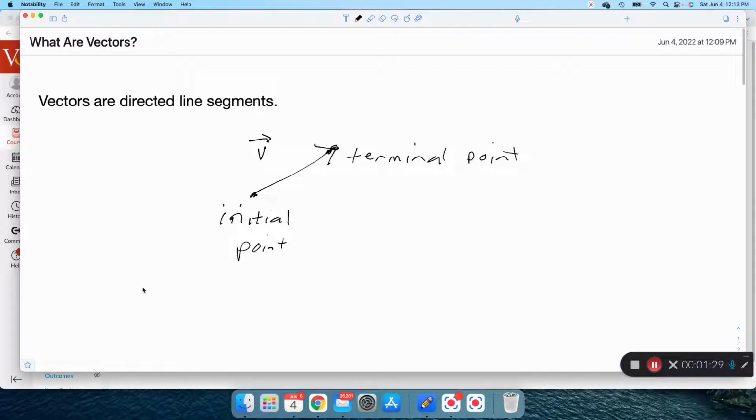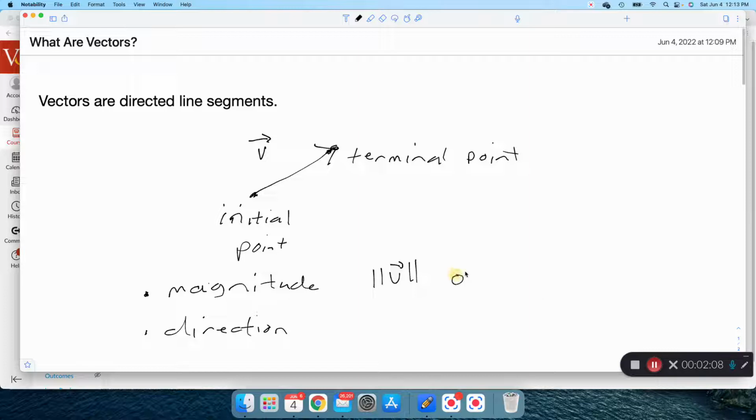Vectors have two quantities: magnitude and direction. The magnitude of a vector is the length of that vector. How big is it? We denote the magnitude of a vector with absolute value bars, and we typically write it twice, like a double absolute value.